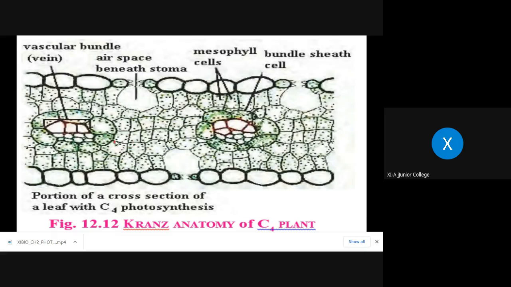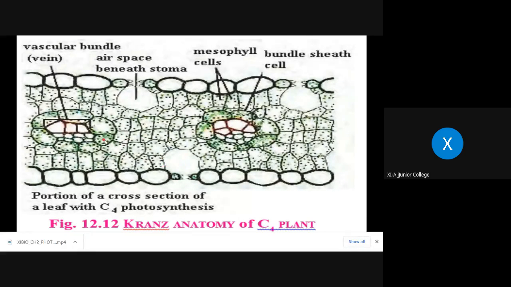So the PEP enzyme is present in the mesophyll cells, because when CO2 enters, first it meets the mesophyll cells. So in the mesophyll cells, PEP, that is phosphoenol pyruvate, is present. The carboxylation reaction takes place because CO2 is entering, so there is addition of carbon in the form of CO2. So carbon fixation takes place by the PEP carboxylase enzyme.